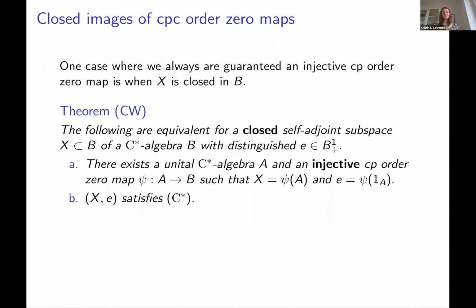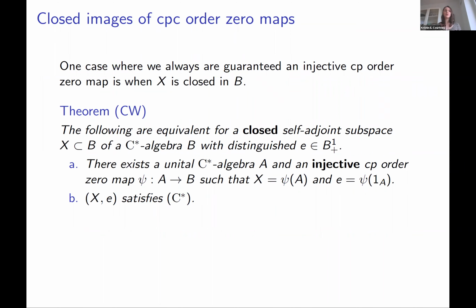Okay, so we can actually say a lot more. The theorem becomes much more robust when we assume that the subspace we were working with is closed. So if X was a closed self-adjoint subspace of a C-star algebra and E is a positive contraction sitting in the C-star algebra, then X is the image of an injective CP order 0 map from some C-star algebra into B. And this is equivalent to saying that X and E satisfy C-star.